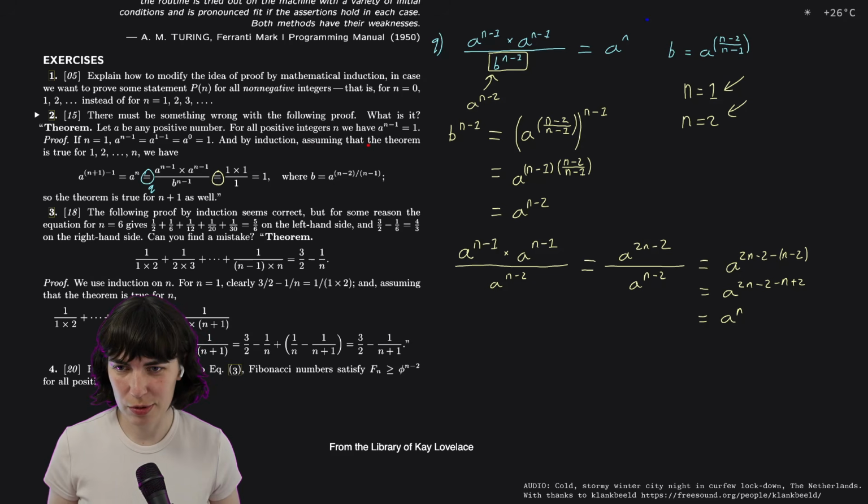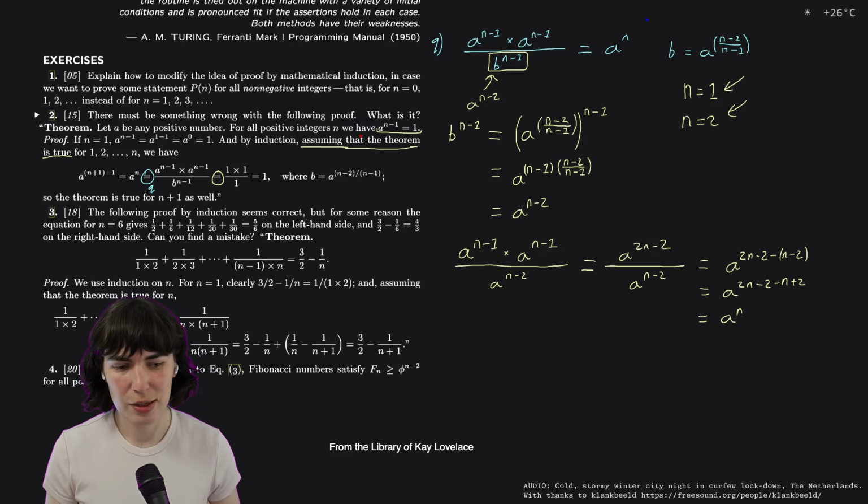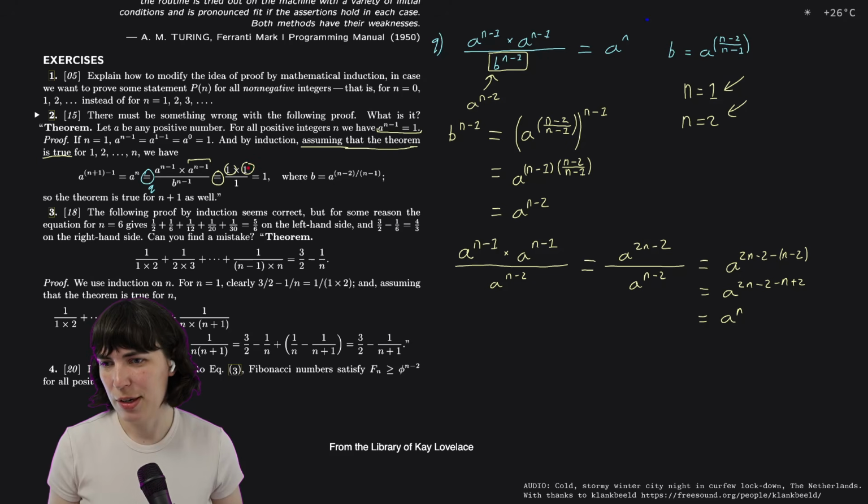This kind of befuddled me earlier for a bit. Given that we're assuming the theorem is true, they're already assuming this theorem, right? Then we can substitute in for a n minus 1 here. We're going to substitute in for the ones on the top. So a n minus 1 gets substituted in here, right?